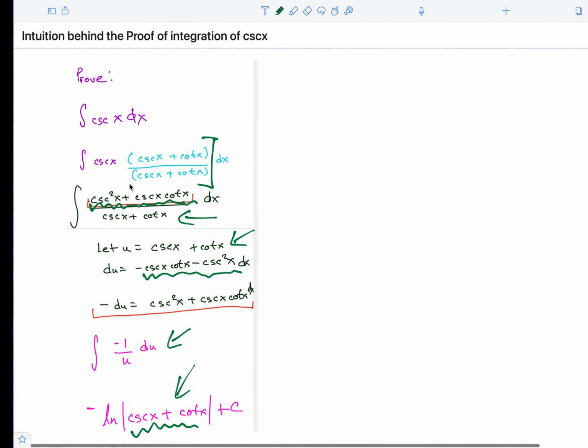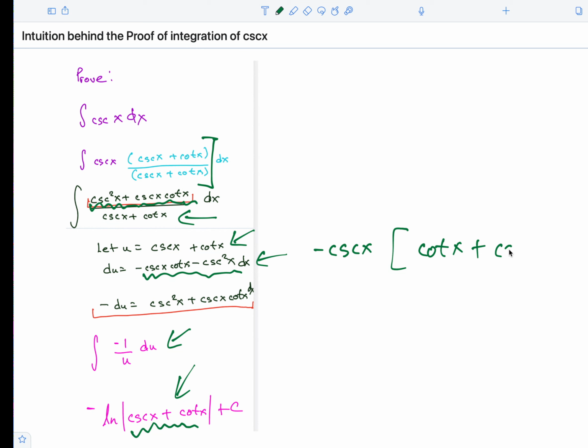Well, if you take the derivative of this and this, what you're going to end up getting is essentially the same thing. What is this really? If we factor out a negative cosecant x, you're left with cotangent x plus cosecant x, which is what is here.